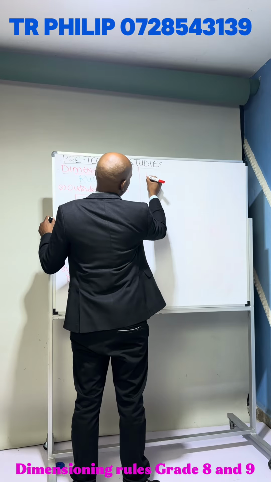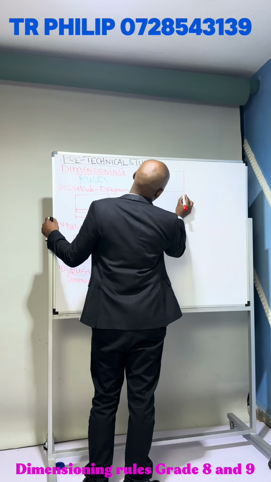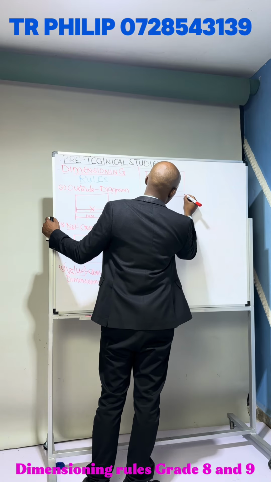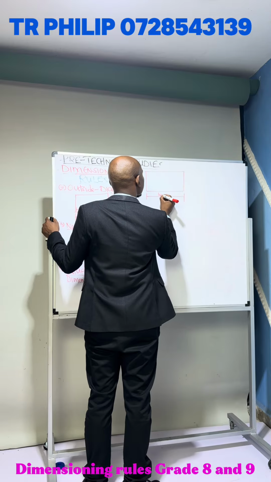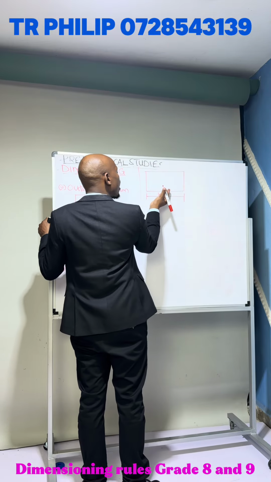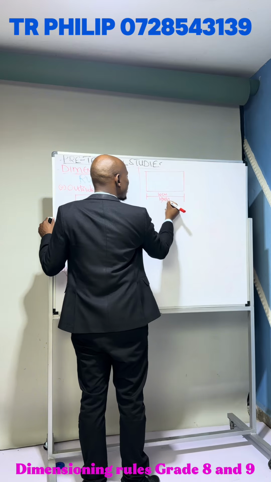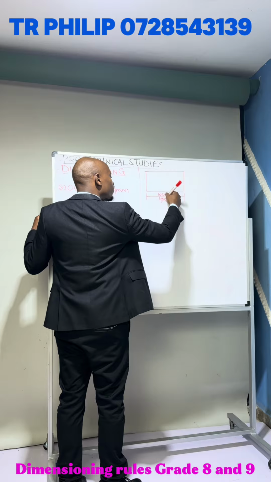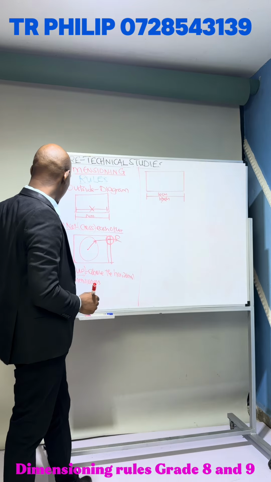For instance, this is your figure here, and you have dimensioned it very well. Here it is 10 centimeter above. But if you were to write 10 centimeter below, that is very wrong. The dimensioning value should be above the horizontal dimensioning. That is rule number 3.